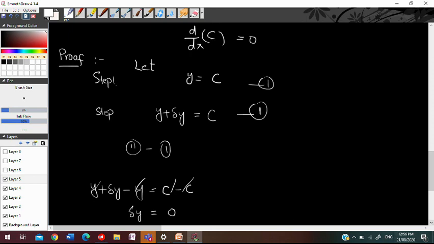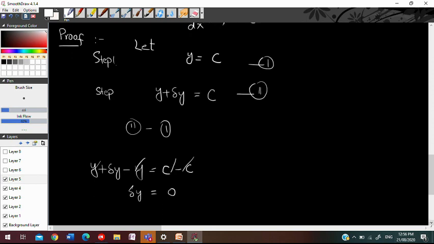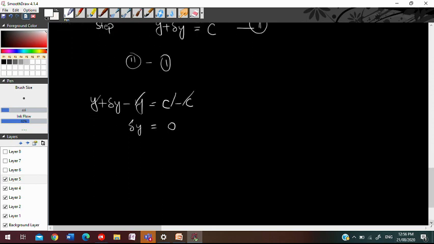And the third step, step 3, is we divide del y by del x, which is equal to 0. And step 4, we take the limit.